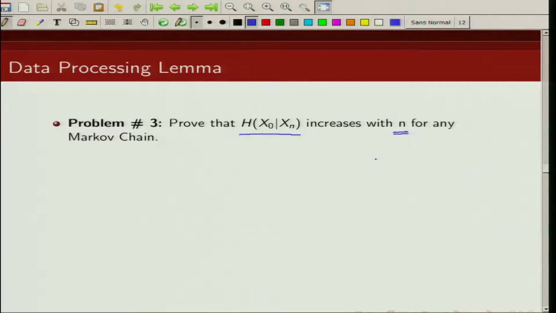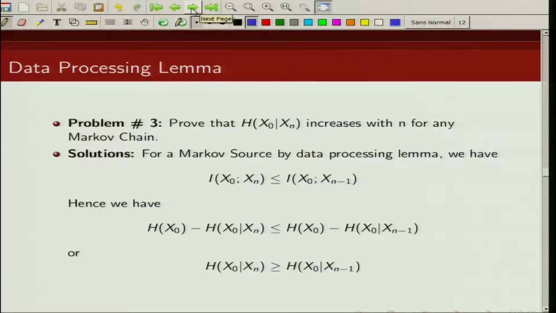So if x0, x1, x2, xn form a Markov chain, then from the data processing lemma, we know that the mutual information between x0 and xn is less than the mutual information between x0 and xn minus 1, because further processing of data does not increase the mutual information.